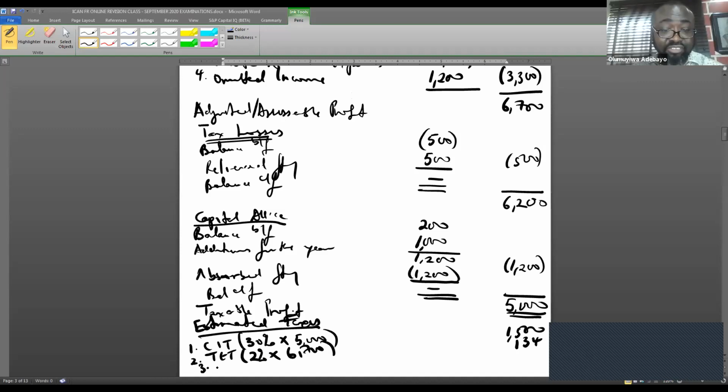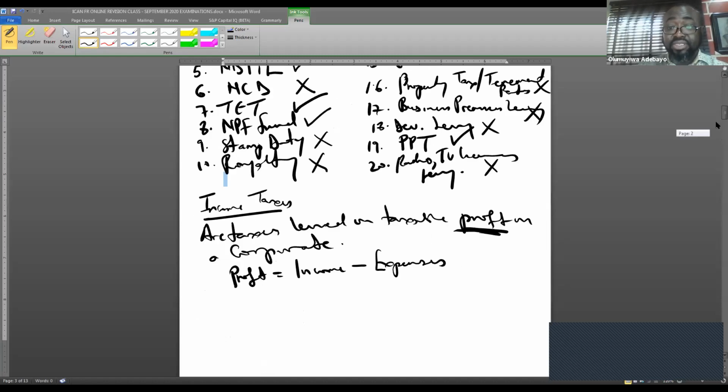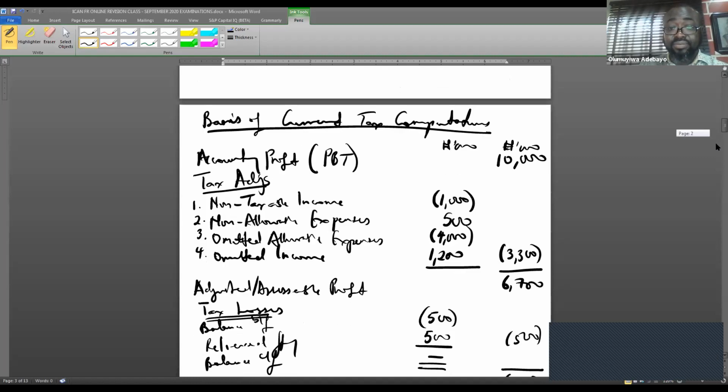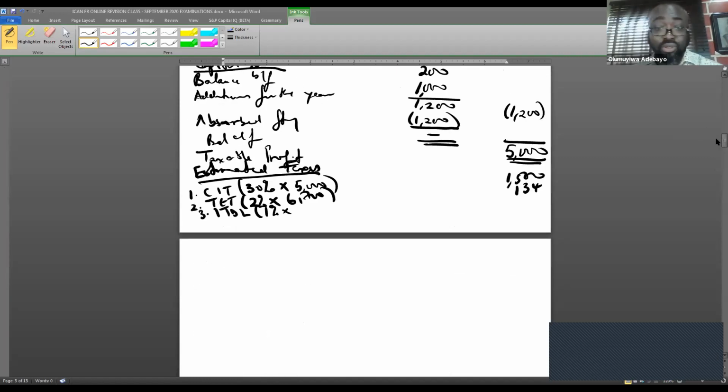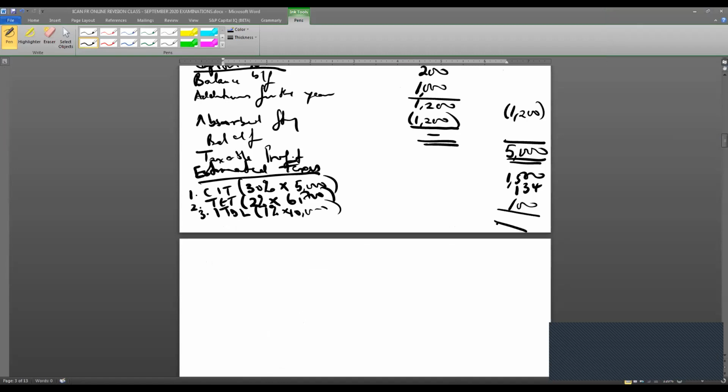Okay, let's say we have information technology development levy. 1% of my accounting profit. What's my accounting profit? My profit before tax, 10,000. Invariably, that gives me 100. What do we have? We have 1,734.